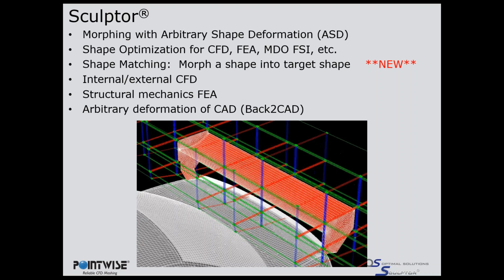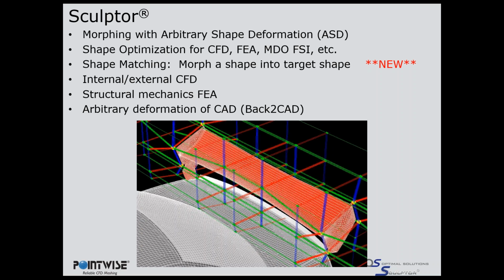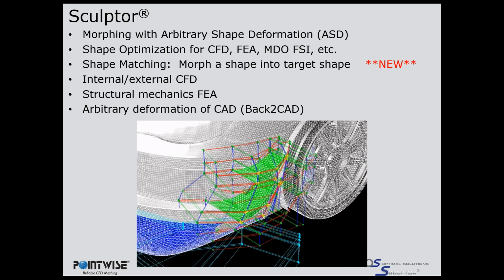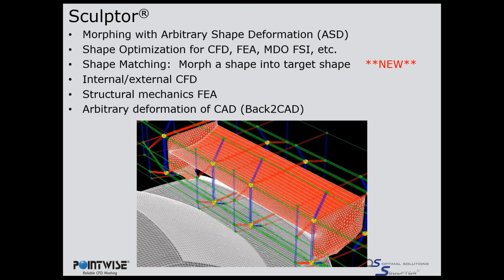So once you already have a mesh, you can simply morph it into the actual shape and reanalyze it without having to go back to CAD and remesh. Sculptor can work with both internal and external CFD, structural mechanics, and also arbitrary shape of CAD itself.